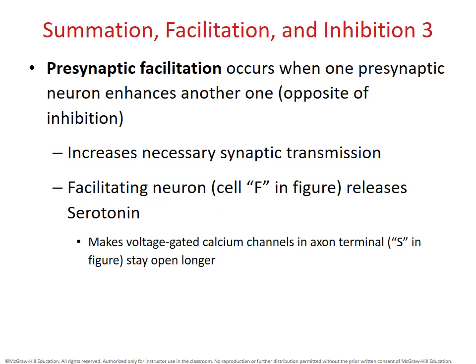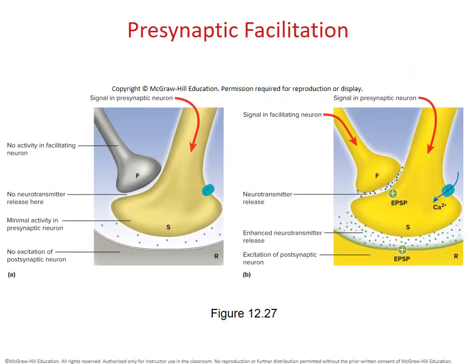A common way is through the release of the chemical serotonin. So notice in this diagram, we're showing one common kind of presynaptic facilitation. Here we have a typical presynaptic cell with its axon terminal. This represents the postsynaptic membrane. Here's the synaptic cleft between the two.